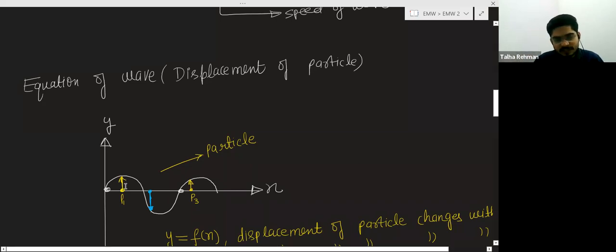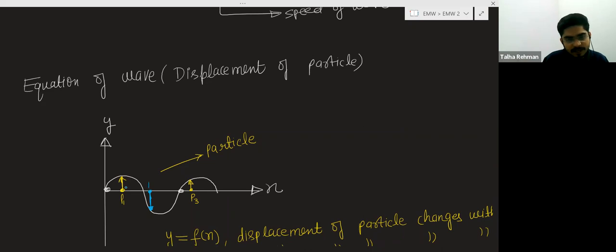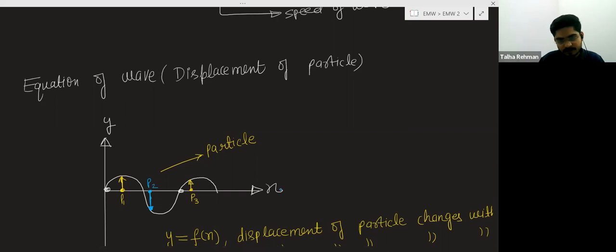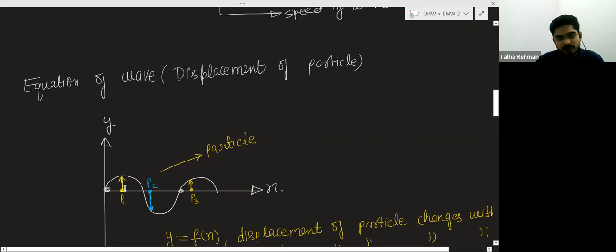Now you can see this is particle P1 and this is particle P2. When you move along the direction of propagation, x is the direction of propagation in this wave. You will see this particle has this much displacement, and this one has this much displacement.